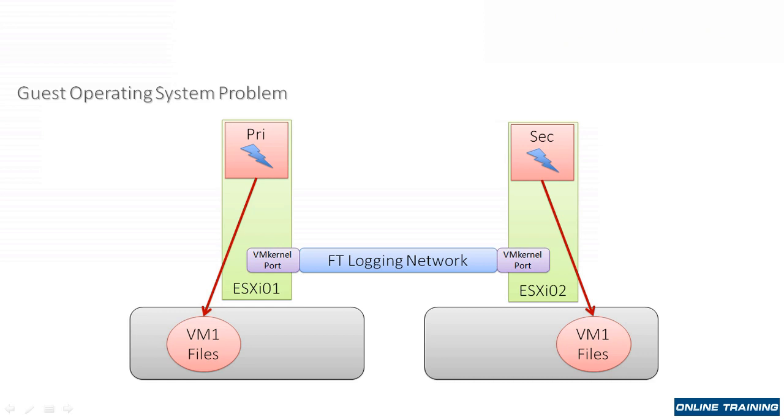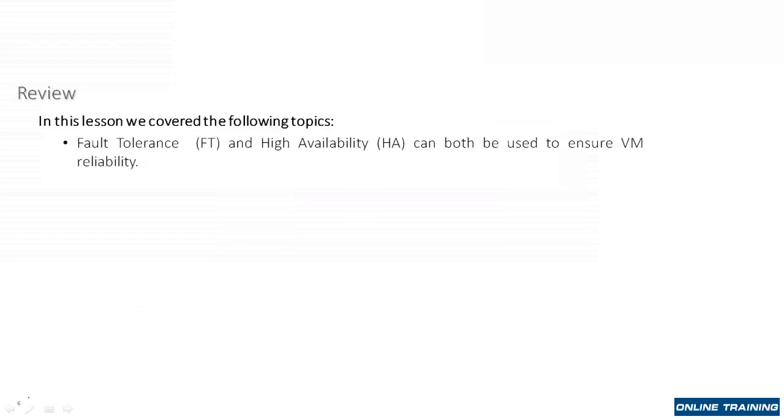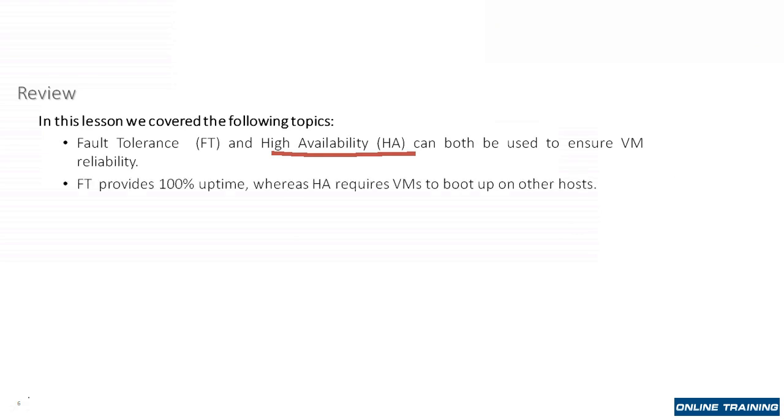With fault tolerance, we're picking and choosing a few critical VMs and giving them this 100% uptime protection. Right? So fault tolerance is not really meant for all virtual machines, right? HA is kind of like your blanket protection for all VMs, and then we'll pick and choose certain critical VMs that require fault tolerance, right?